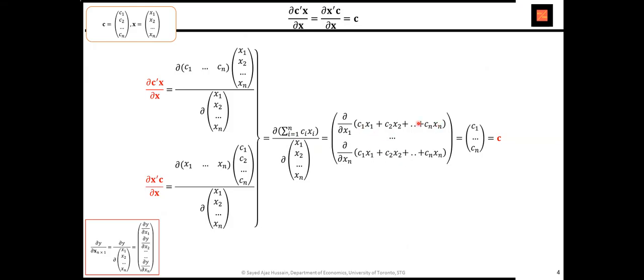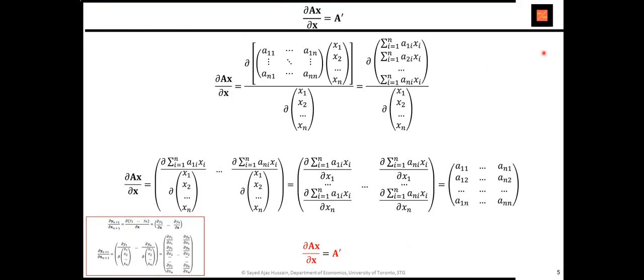If you take the sum right here and differentiate with respect to x1, you'll pull out c1. If you keep going down, with every line you're going to pull out c1, c2, c3, all the way down to the last row, which is cn. So what you get back, of course, is the vector c. So you have a nice rule: the derivative of c transpose x or x transpose c is always c.